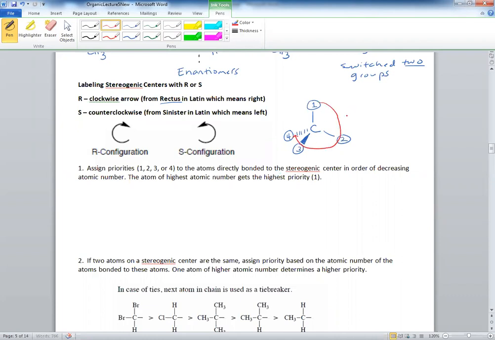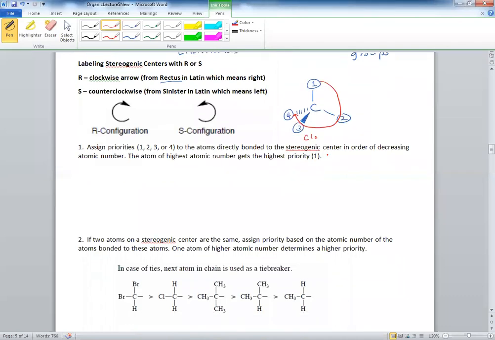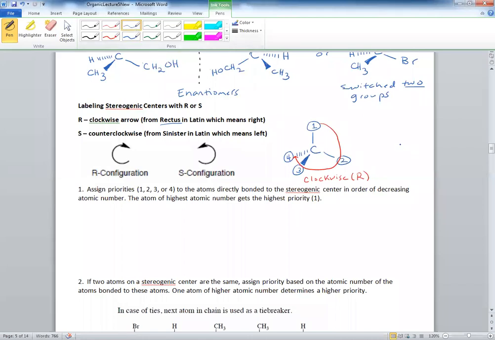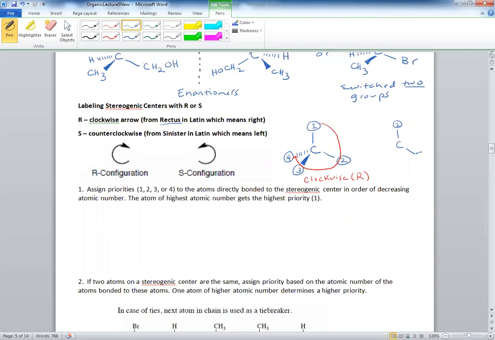That would be clockwise, or R. If I do the opposite, where this would now be 1, we keep the 3 and the 4.